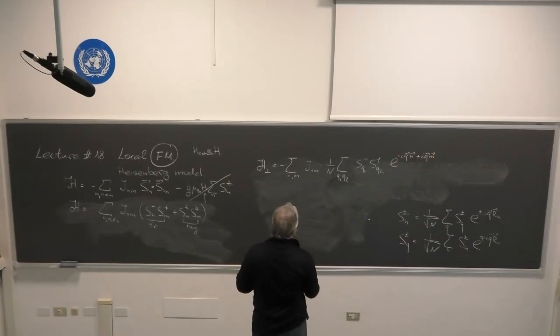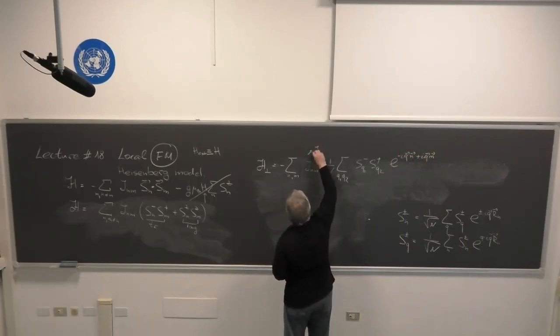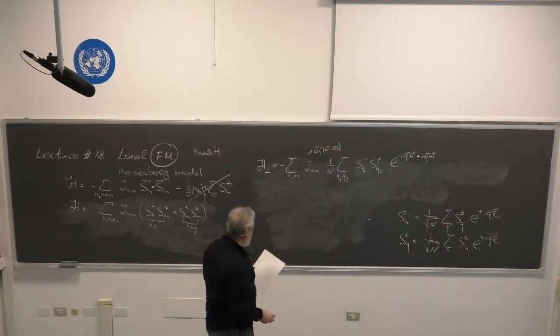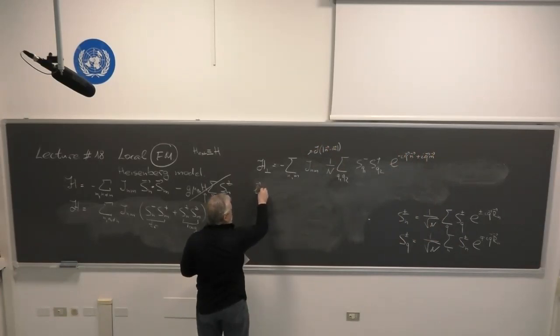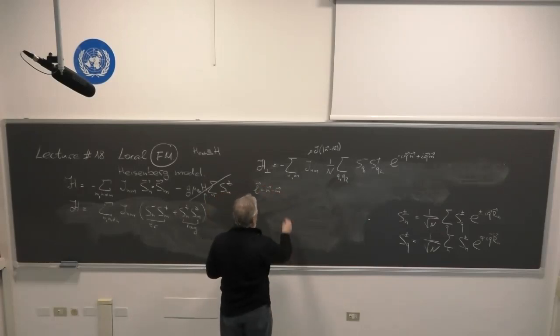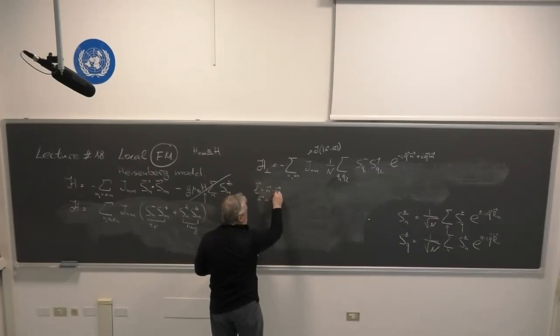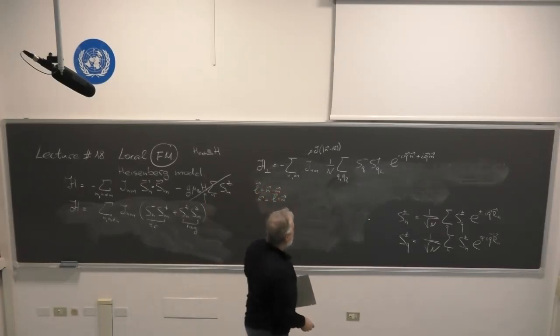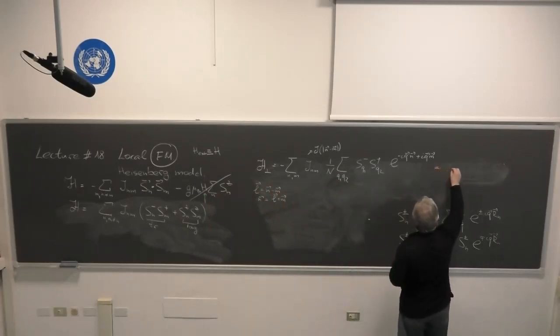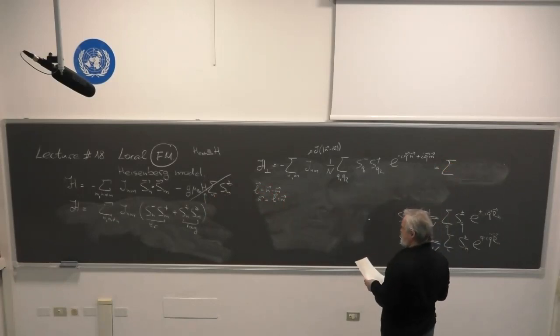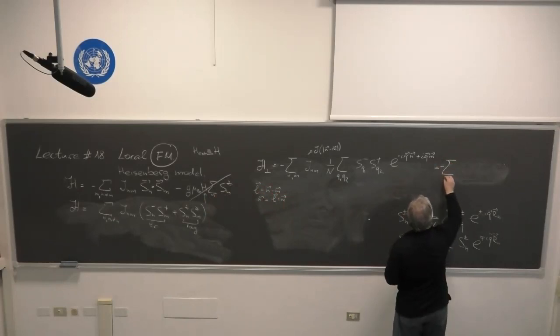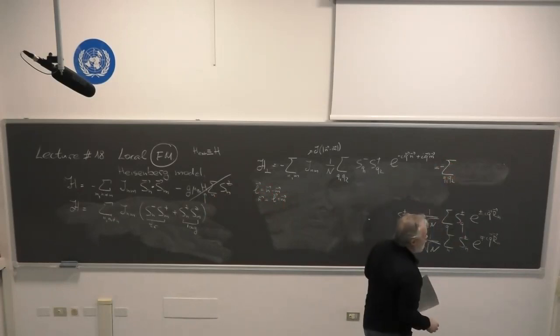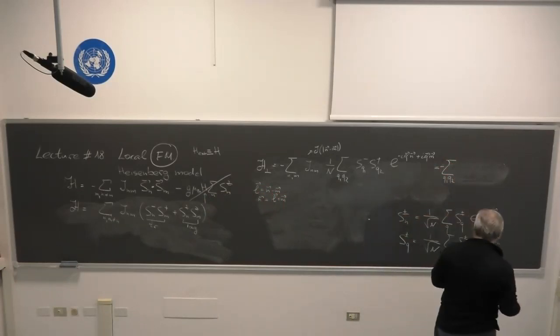Okay, I will use the fact that G depends on the modulus of n minus m, and therefore I will introduce the vector L, which is precisely n minus m, and therefore n is equal to L plus m. If I plug it here and here, I have a sum over m, sum over q1, q2. I reshuffle my summations.